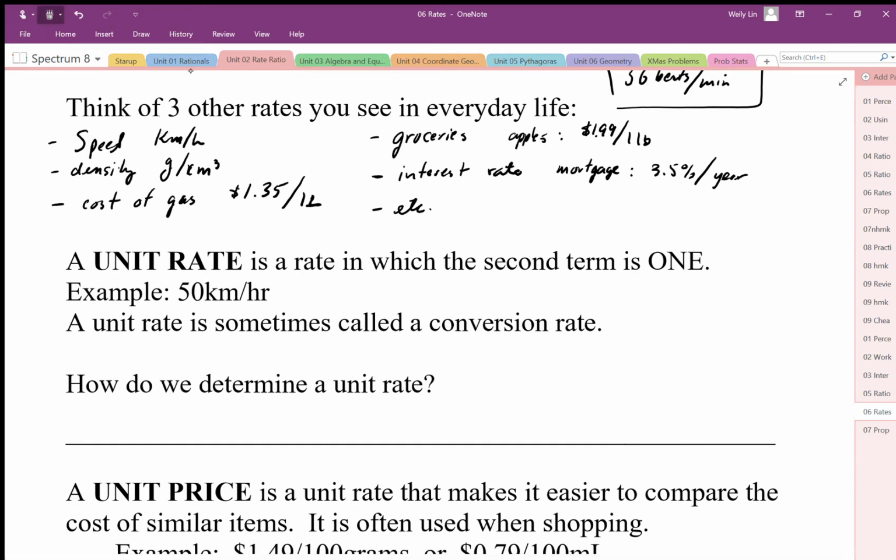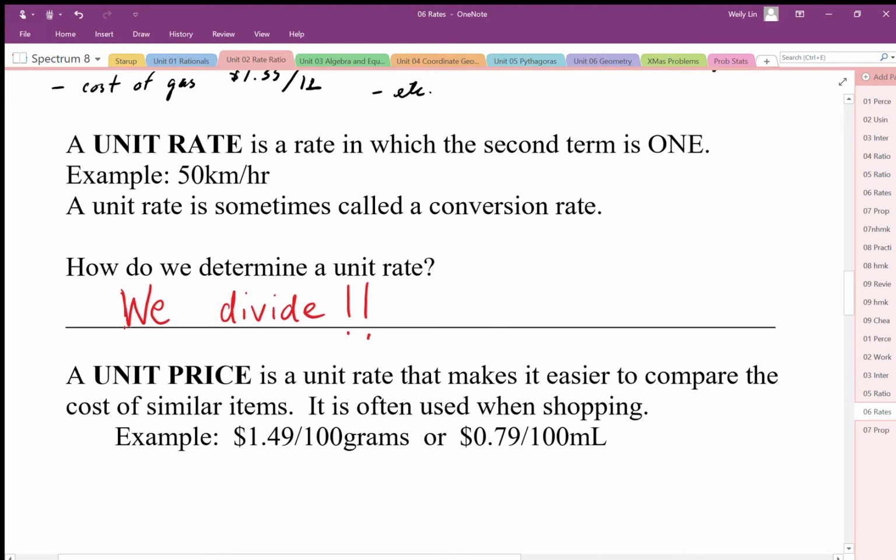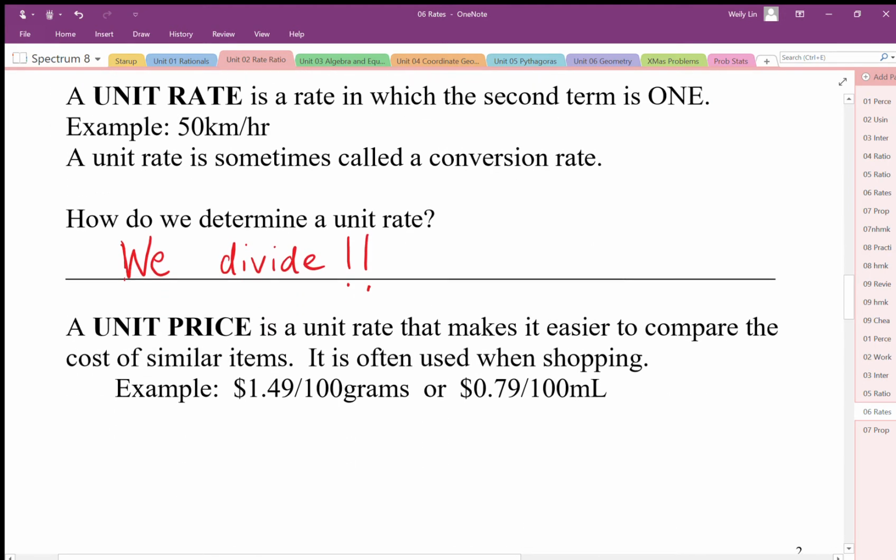This is a very simple concept, but make sure that you remember it. If we want to find a multiplier, or in other words, a unit rate, we divide. That's very important. We can always find a unit rate very easily by dividing the rates.